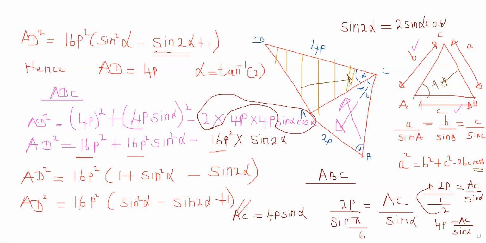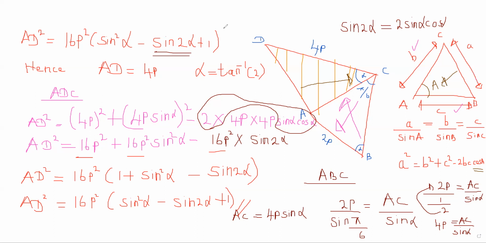Squared is there, so from sine you can't get it now, then cos. But if I use the cosine rule, the answer is sine, then you have to incorporate it from the sine rule. So we have derived the expression AD squared is equivalent to 16p squared times (sine squared alpha minus sine 2 alpha plus 1).